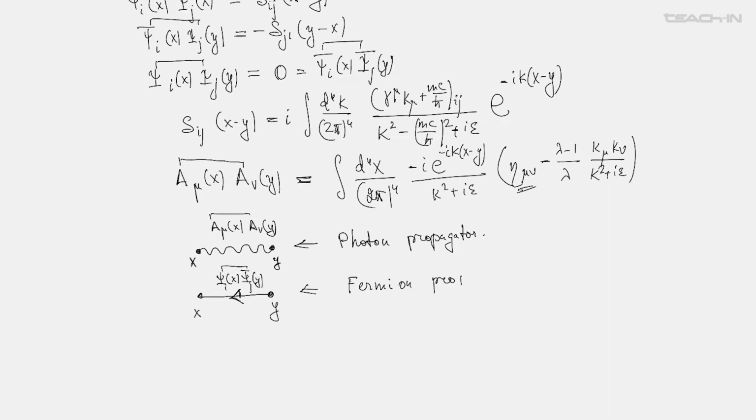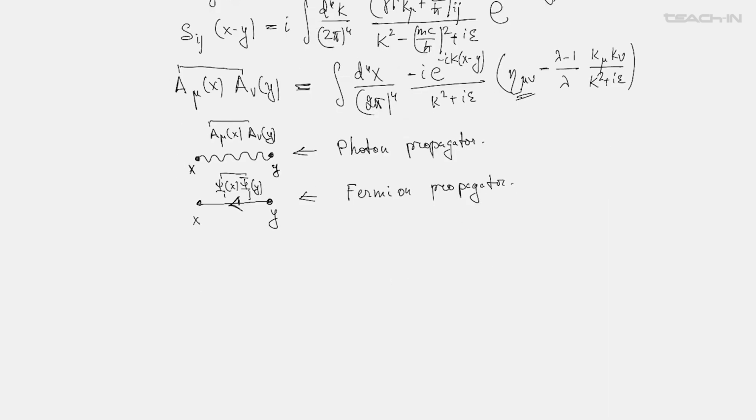And there is another ingredient which describes an interaction term of the S matrix. It describes a photon getting into the vertex, and out of which you get two arrows. One is getting in, another getting out. And this vertex signifies an expression of the type minus i g gamma^mu.